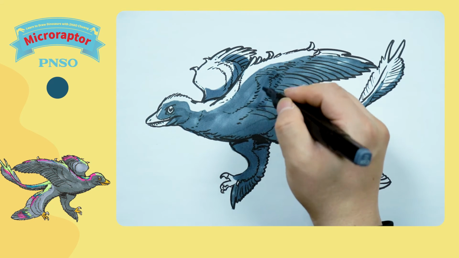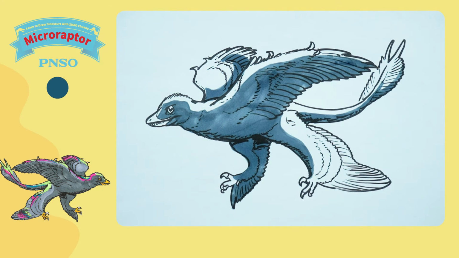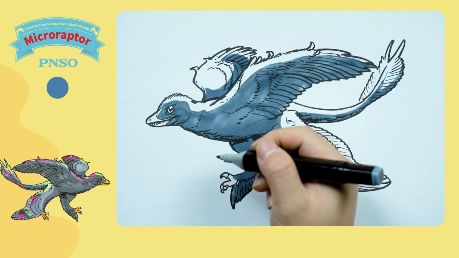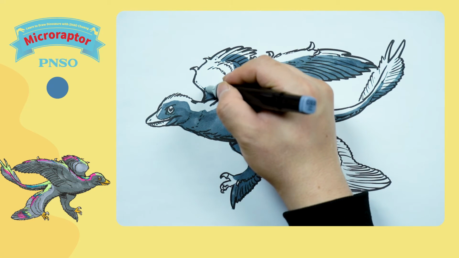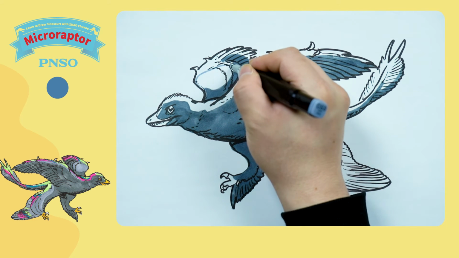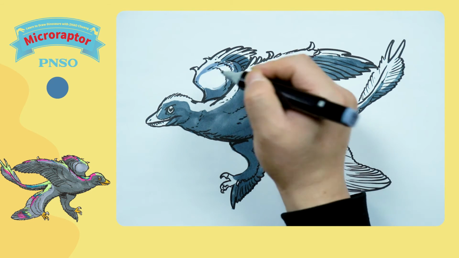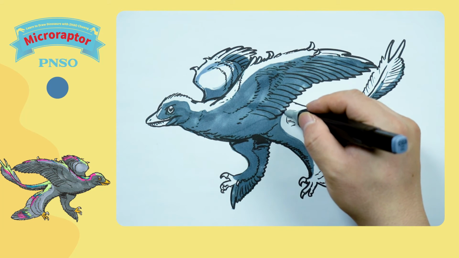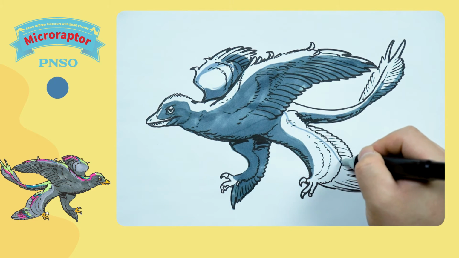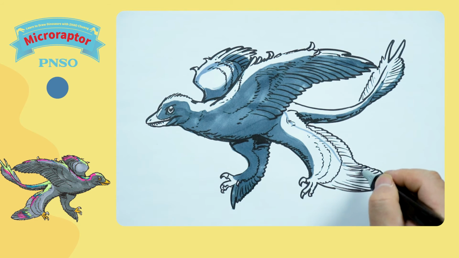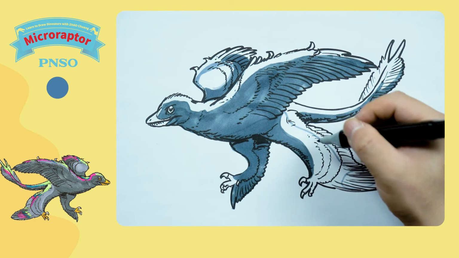Now, refine the details and ensure nothing is missing. Then, switch to light gray to draw the secondary layer. We have finished the darkest area. What we should do next is to mark the lighter and brighter areas.